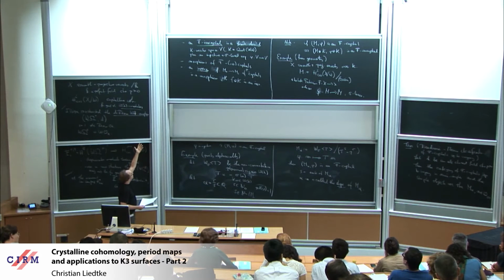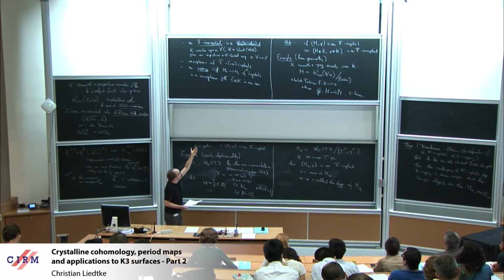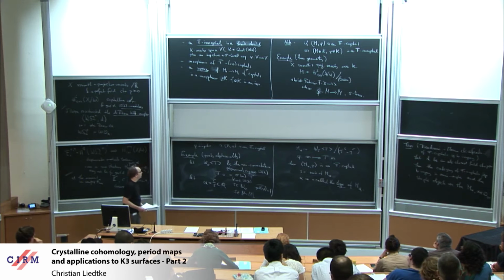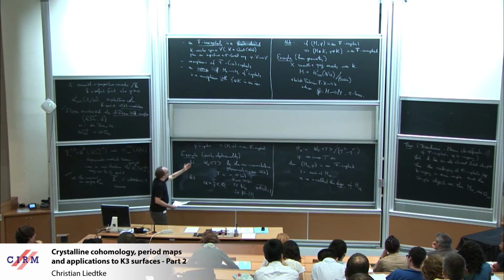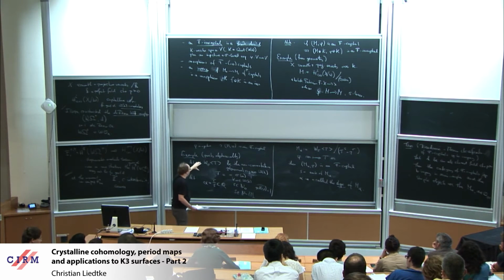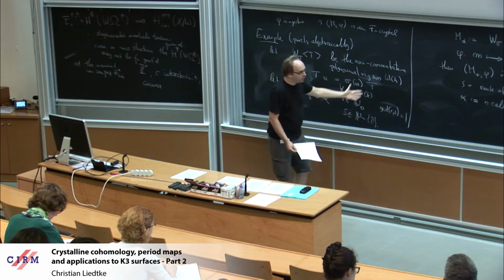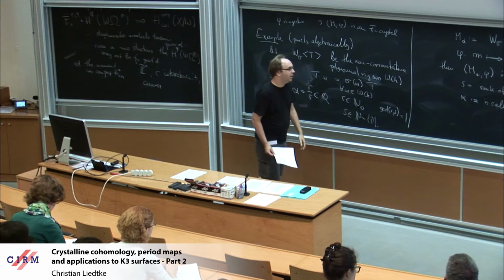so what does it tell you? It tells you that from the crystalline cohomology, you get this abstract structure of an F crystal, which is just this module with the sigma linear operator on it. And there is a very easy way to construct crystals associated to rational numbers.